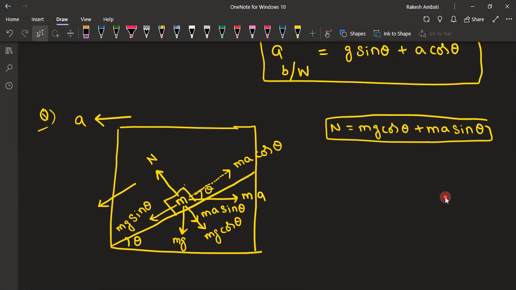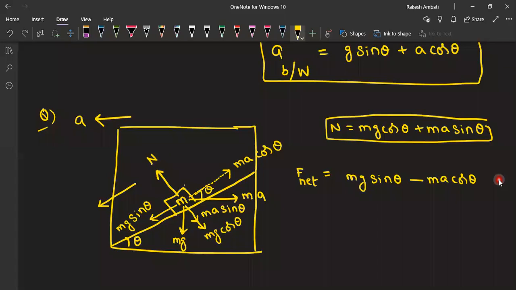So coming to second question. So here the block is moving down the wedge. So therefore we are writing the dynamic equation. So resultant force acting on the block, the block is moving down the wedge. So down the wedge means what we have to write, mg sin theta minus ma cos theta.